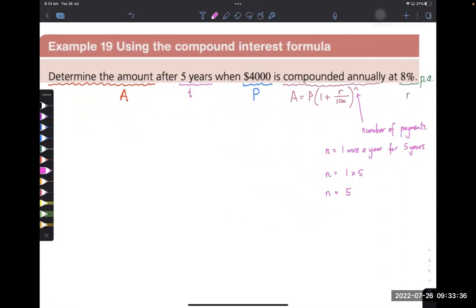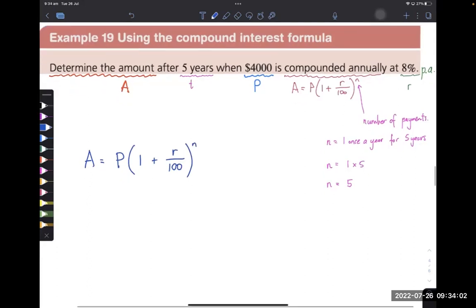Now, what was our process that we had to go through? What do we write first to start the answering process? Yes, we start with the formula. So our formula is A equals P times 1 plus R over 100 to the power of N. So that's our formula.